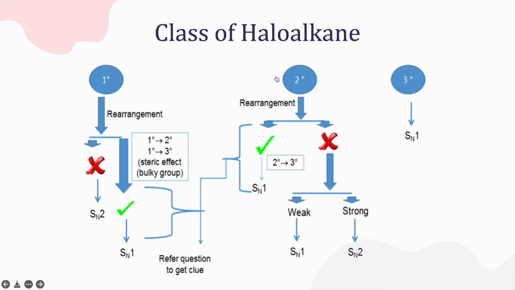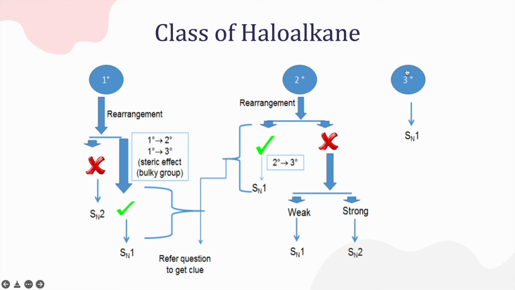If the secondary haloalkane reacts with strong nucleophile, then the strong nucleophile can attack the C delta plus. Because the nucleophile is strong, it can attack C delta plus, and SN2 mechanism will occur.